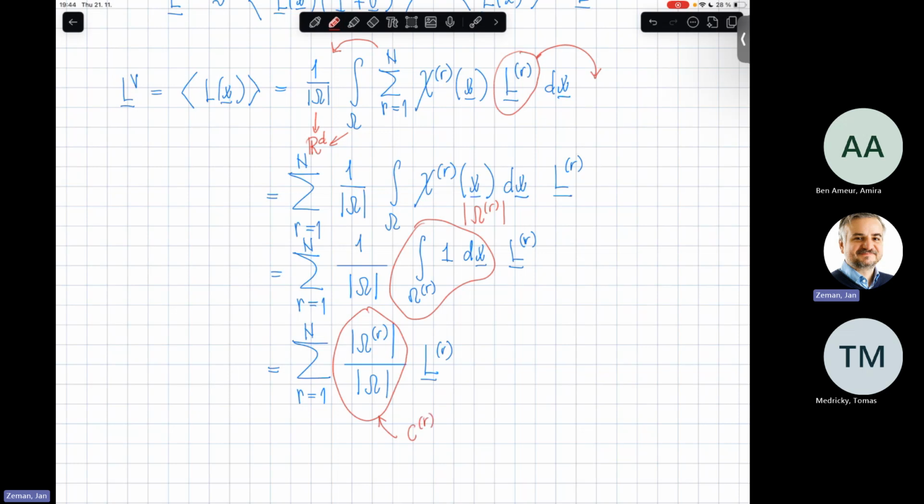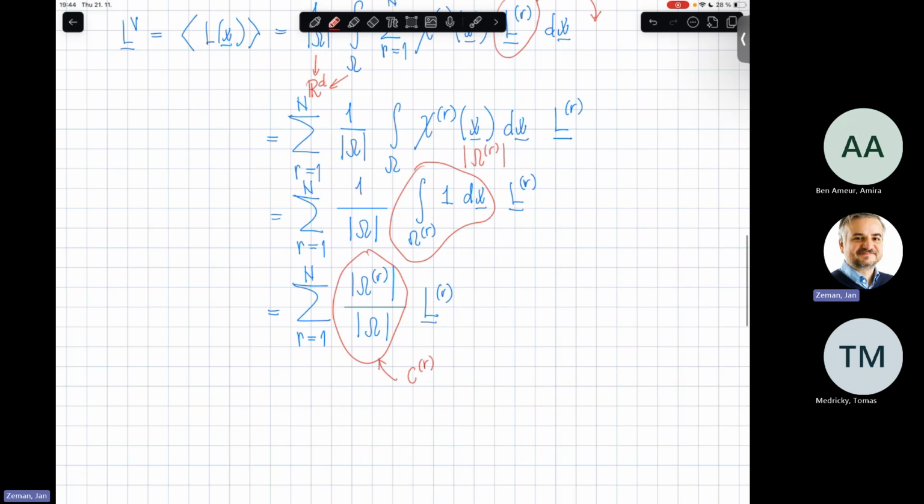So I have this c_R, which is just the ratio of two volumes, one occupied by the R phase, the second the volume of the observation window. What I'm assuming is that this fraction will eventually stabilize to some number if I increase the window, and this is precisely the volume fraction of the given phase.